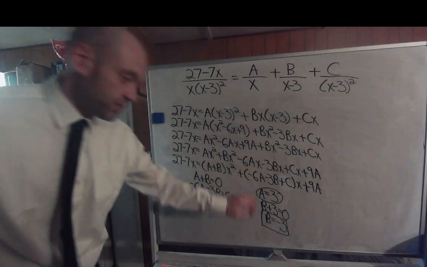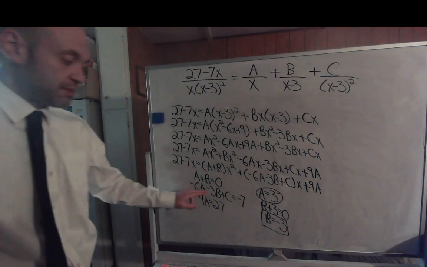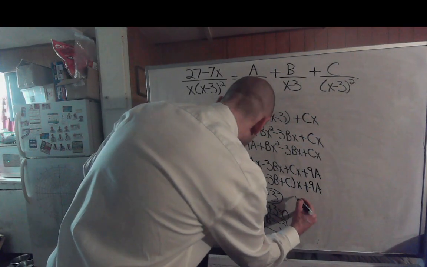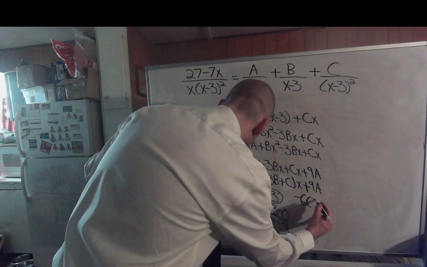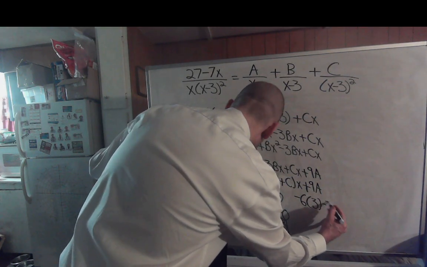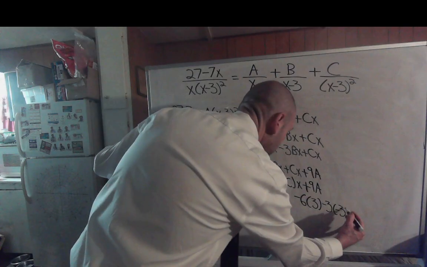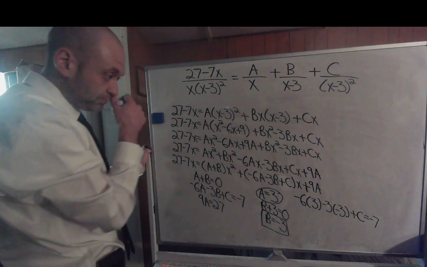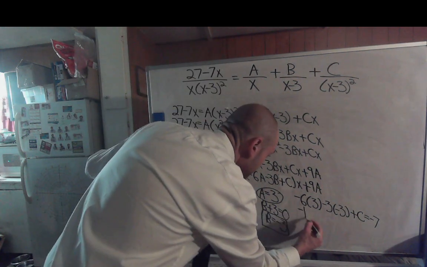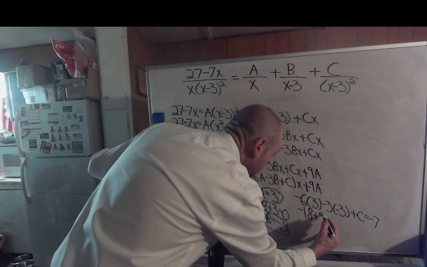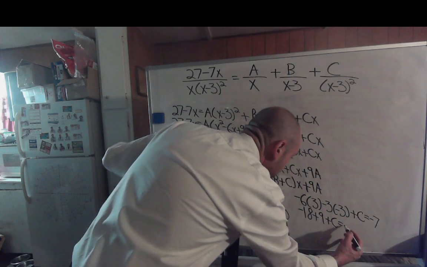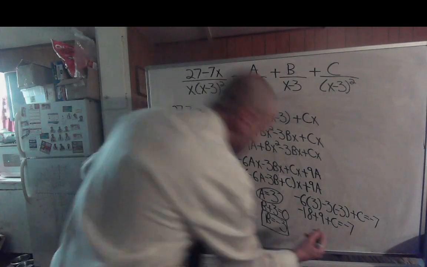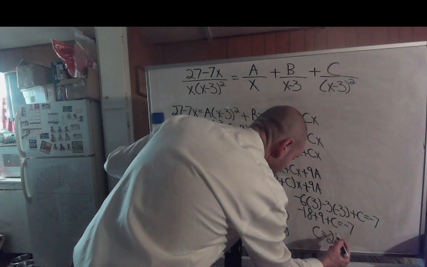So I can put both the a and b value into my second equation, and I can readily solve for c. So I'll end up with negative 6 times 3 minus 3 times negative 3 plus c is equal to negative 7. So that's going to give me negative 18 plus 9 plus c equals negative 7, which would have to mean that c equals 2.